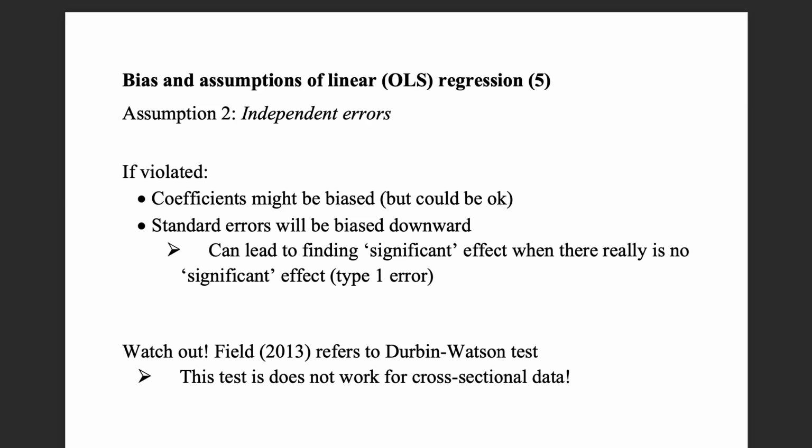So you can use that for situations where you have one unit of analysis that you follow over time, and then it will give you some information about the degree of autocorrelation in your data. But it doesn't work, for instance, for data like the European Social Survey, where we have basically multi-level data of people nested in different countries, because those are not observations that are ordered by time, and the Durbin-Watson test is really based on having observations ordered over time, so that test doesn't work.